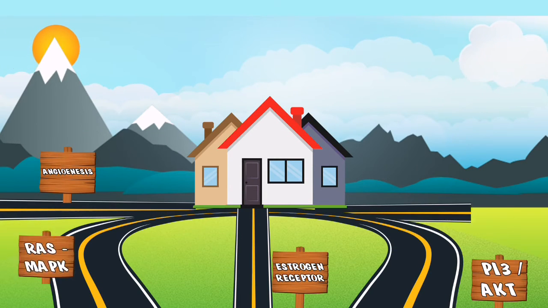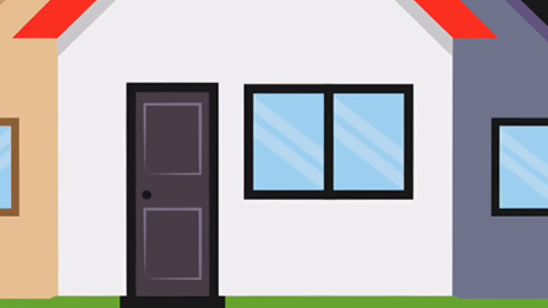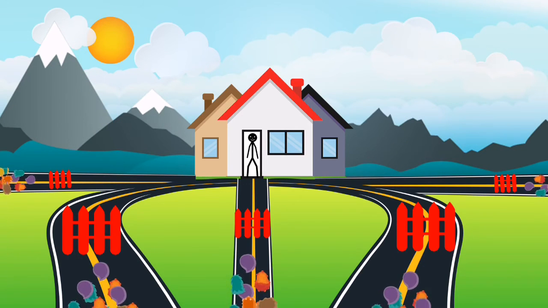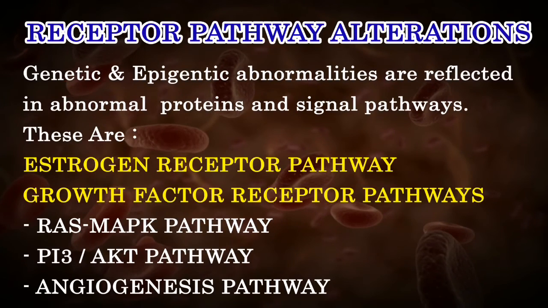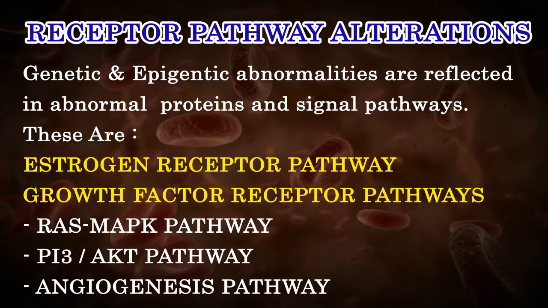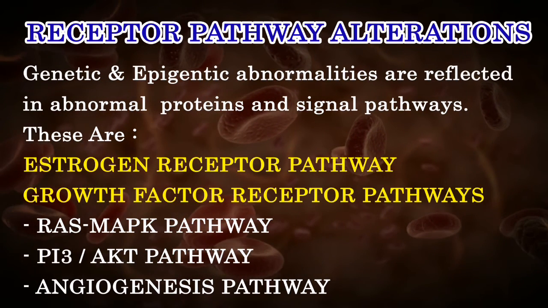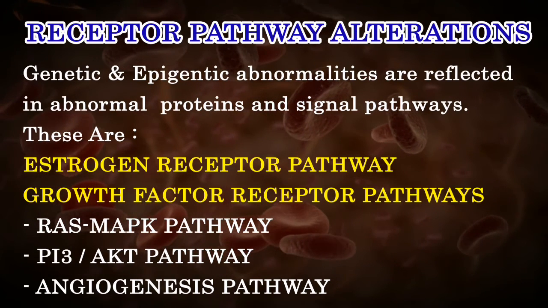All these genetic and epigenetic events use pathways to stimulate the cell. Pathway inhibition is another novel concept in molecular genetics. Notable among them are the estrogen receptor pathway, which we have already seen, and the others are the RAS pathway and the phosphoinositol pathway.